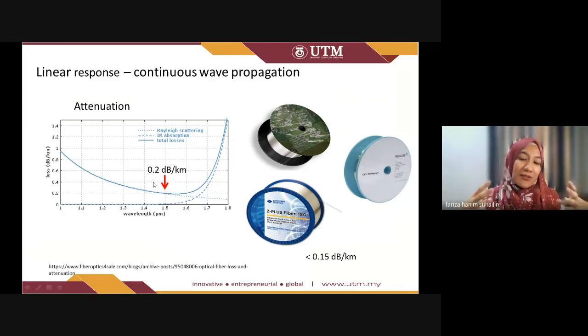But with the advancement in fabrication techniques, we can have these conventional silica optical fibers with a loss lower than 0.5 dB per kilometer, for example, from Corning, Newport, and also Sumitomo silica-based optical fibers. These are the major companies that produce the silica optical fibers for research and also for telecommunications.